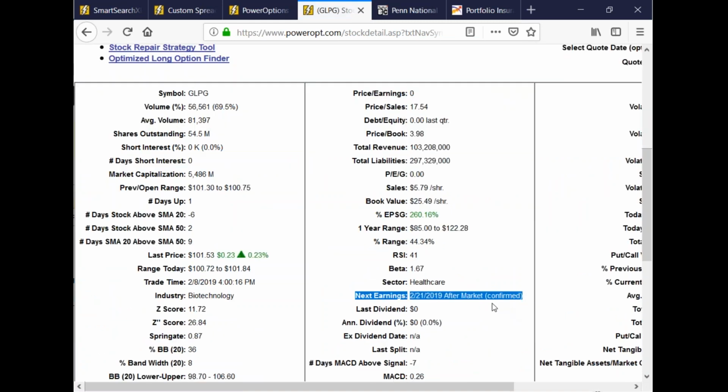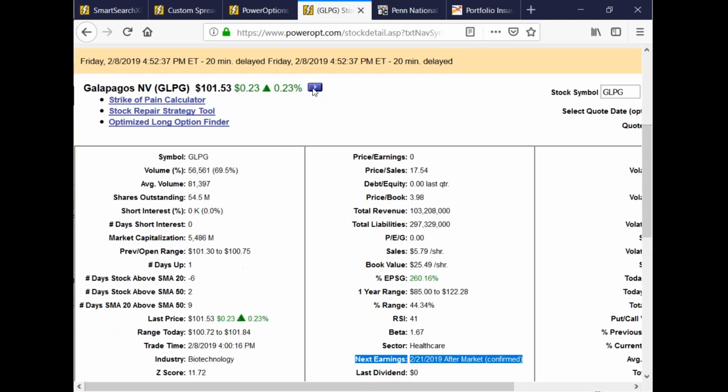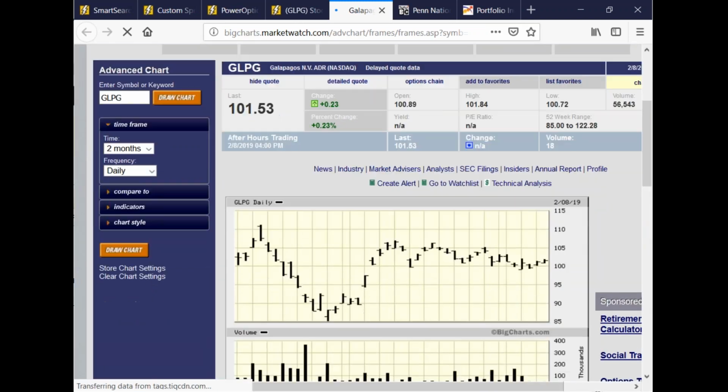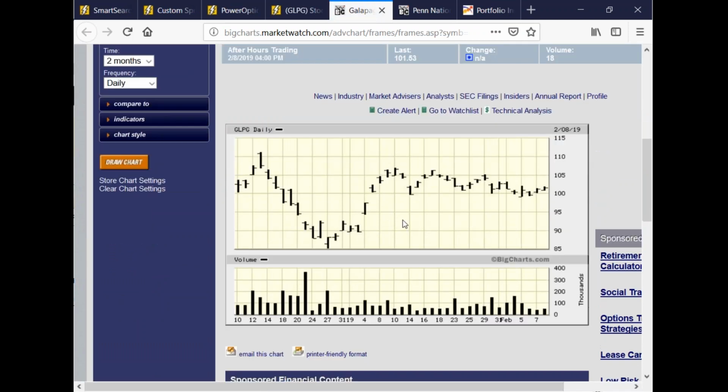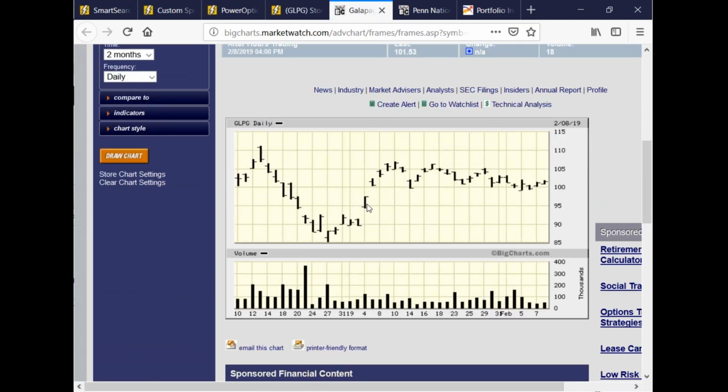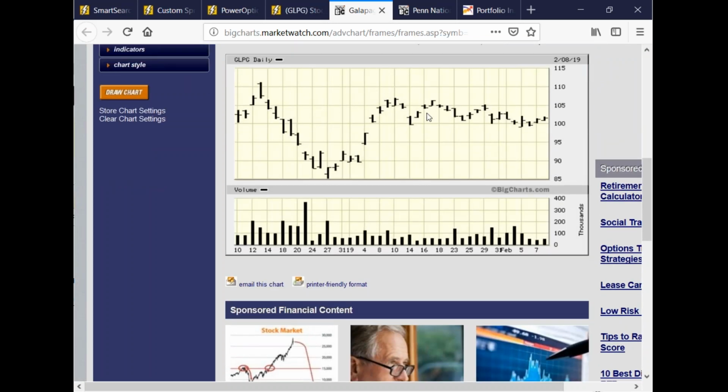So this is after February 15th, so that's good, but it's healthcare. It's a volatile position. I'm talking about a bull put spread. It's been up to 110 and as low as 85, but it's been to 95 within the last month, come back up, been holding that line. But it does tend to swing more wildly.